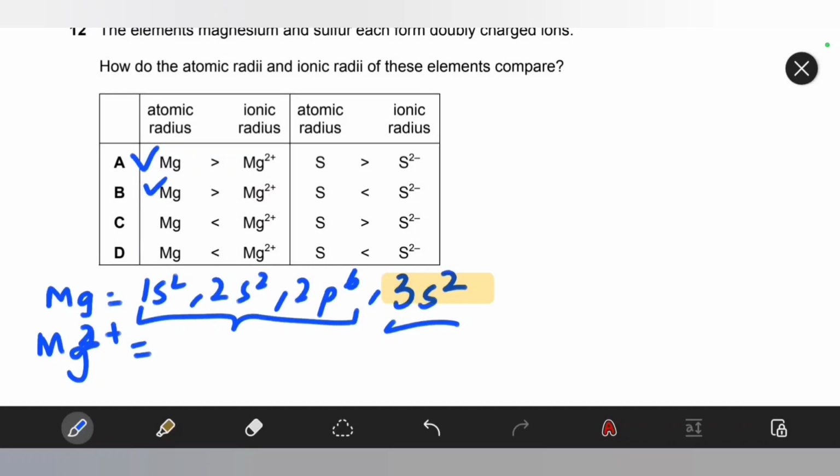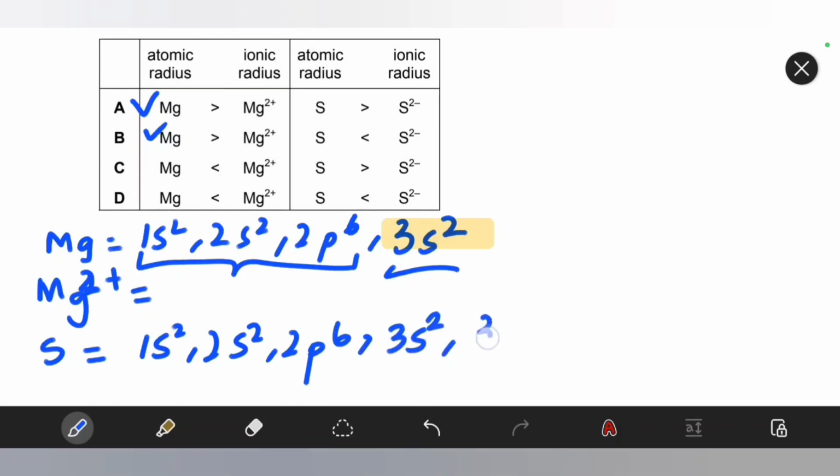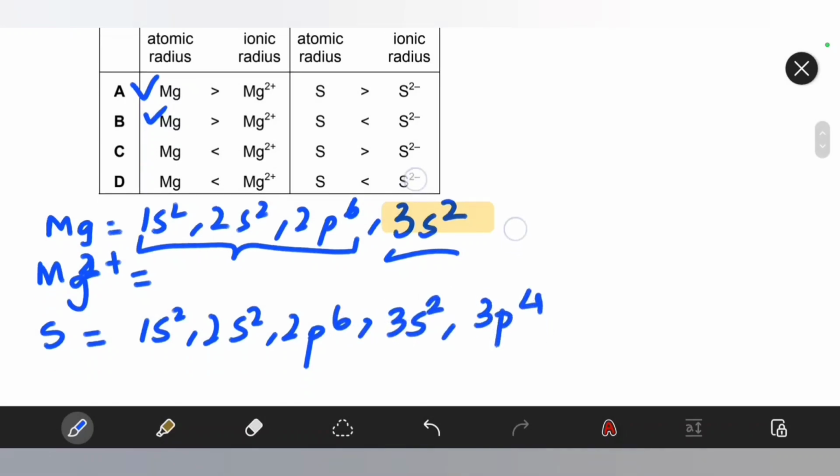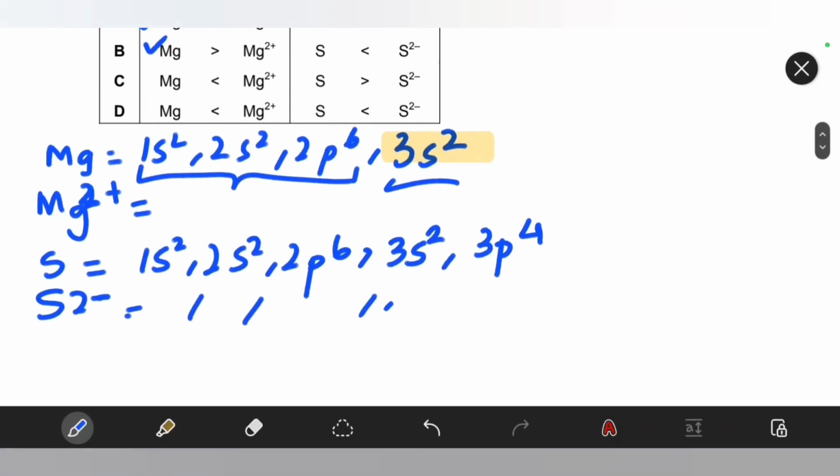Now for the atomic radius of sulfur. Sulfur's electronic configuration is 1s2, 2s2, 2p6, 3s2, 3p4. But the sulfide ion will have 2 more electrons, so this would all be the same, but instead of 3p4, it is going to be 3p6, meaning 2 more electrons.